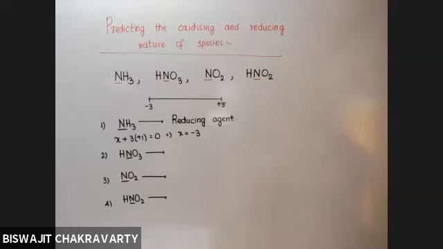Oxidation number, how much are you getting for the third one? +4. So is +4 an extreme value for nitrogen or is it an intermediate value? Intermediate. So if it is intermediate, it can act as both or not? Yes, sir.